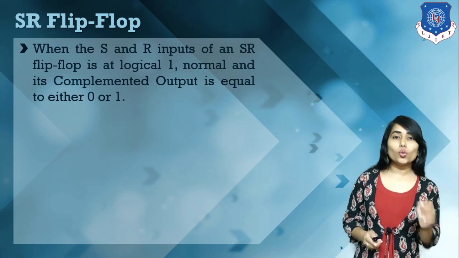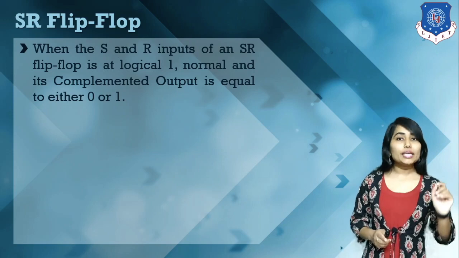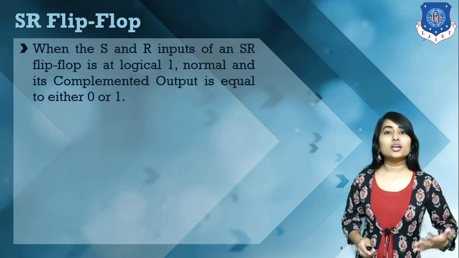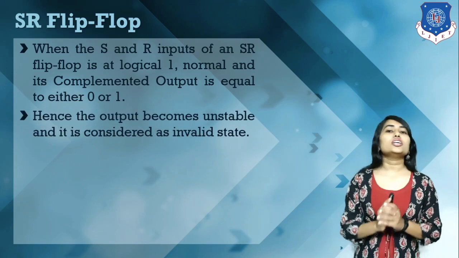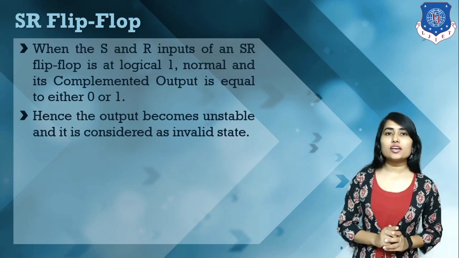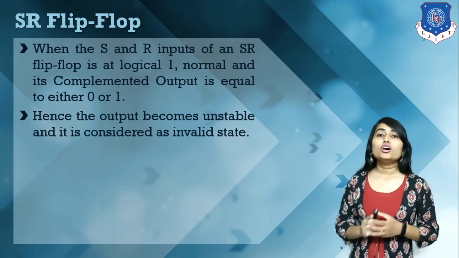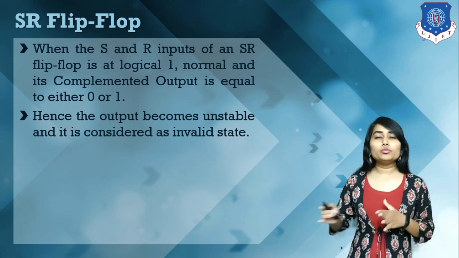That means Q and Q dash are both equal to 0, which is practically impossible. So this condition makes our circuit quite unstable. So this is the disadvantage of the SR flip-flop: whenever S and R is equal to 1, 1, we have an unstable circuit. So we have to remove this state.